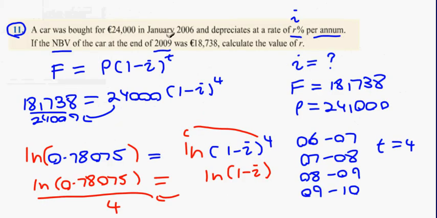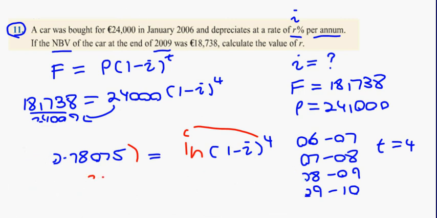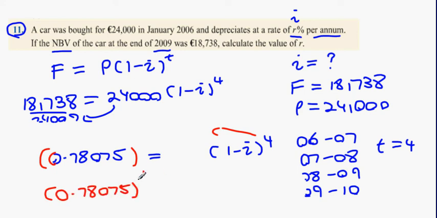Sorry guys, you don't use LNs to finish this question off, that's my bad there. So you can't get a negative answer, so that means you weren't meant to use LNs in the first place. So what I'm going to get is 0.78 equals 1 minus I to the power of 4. Now the power of 4, when it goes over to the other side, goes to the power of a quarter. So 1 minus I equals this to the power of a quarter.